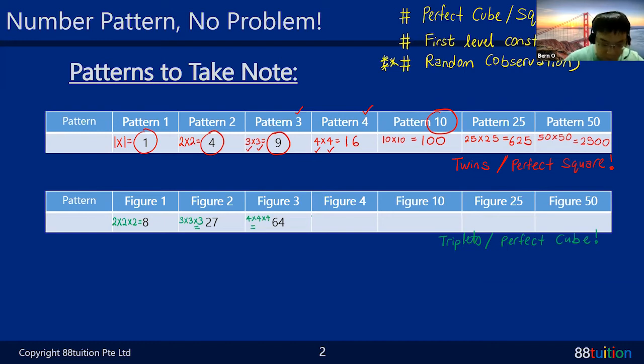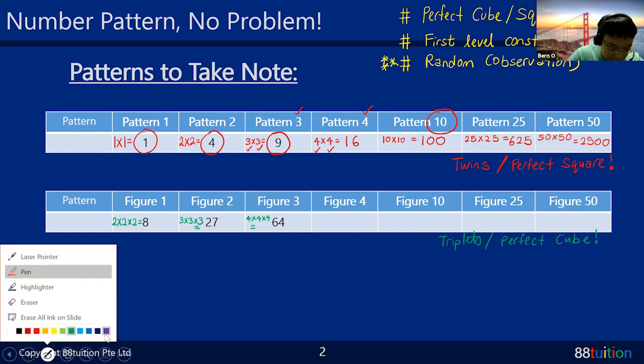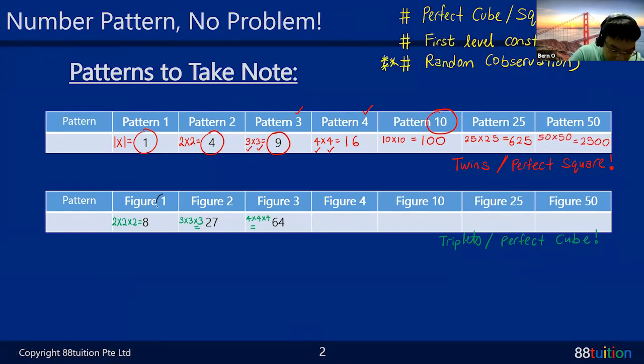Figure 4 does not use 4 times 4 times 4. Look, there is this pattern down here. You have to be a little bit alert. If it's figure 1, you are taking the number 2. If it's figure 2, you are taking the number 3. Oh, so it's a plus 1. Yeah.